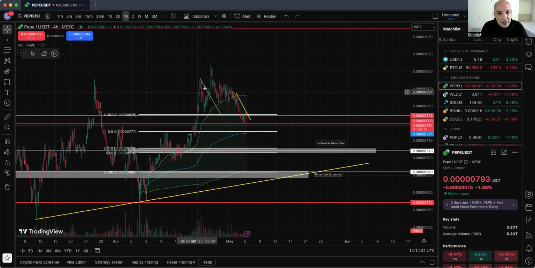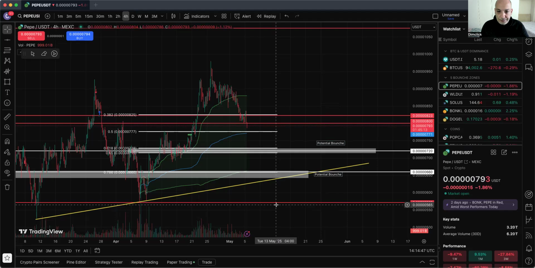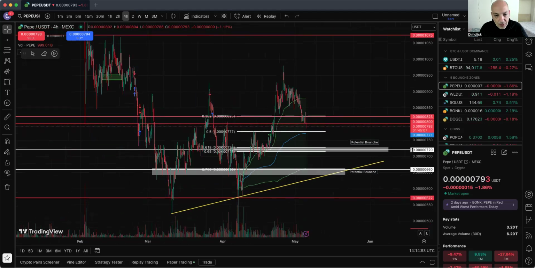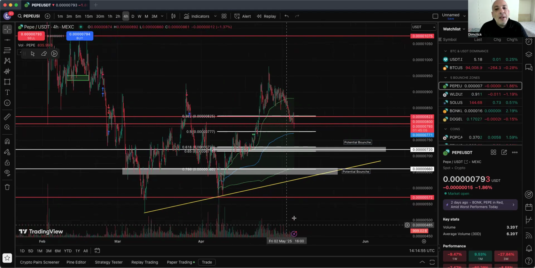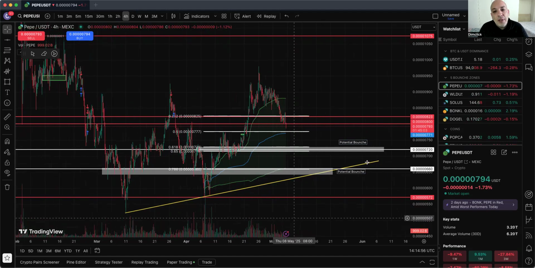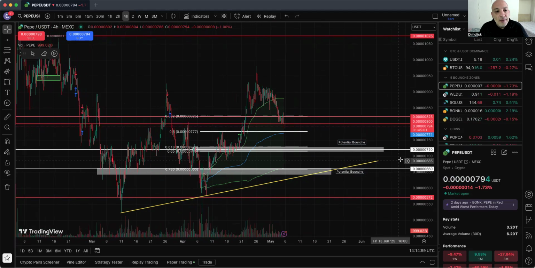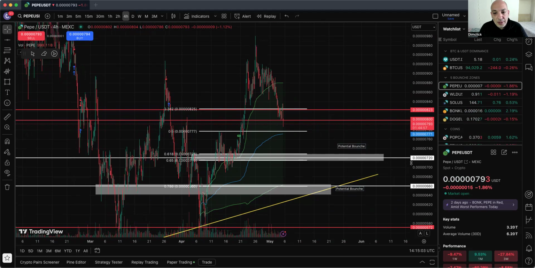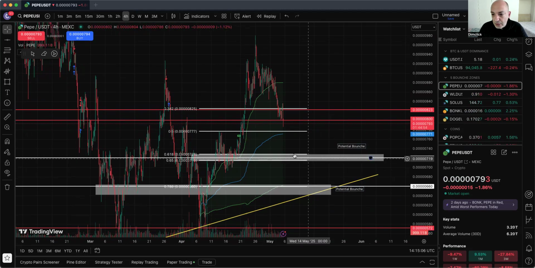Let me clear a little bit my chart. Okay, for me, depending on the drop of Bitcoin, I believe the first potential bounce for Pepe is around this area.